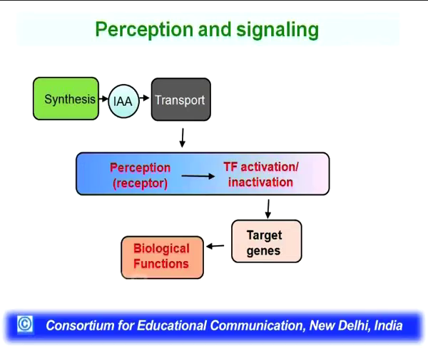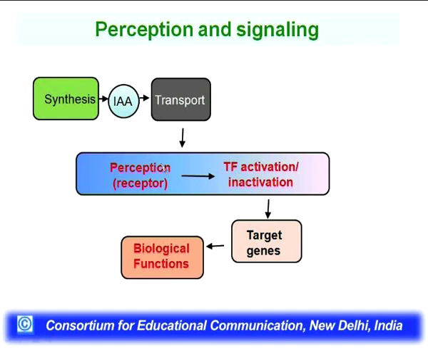I will help you to understand this auxin signaling with some cartoons and some of the experimental data which are available. So, in brief, if you look into this, there are 2 aspects which I told you. One aspect is auxin biosynthesis, second is the transport, and then importantly it has to be perceived.